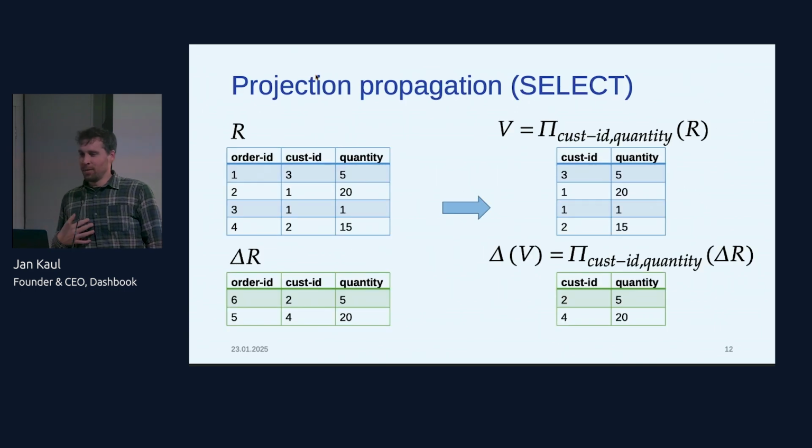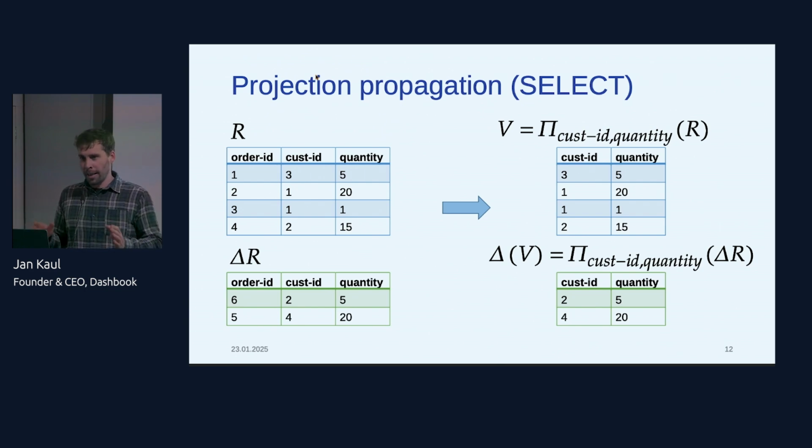If we think of a select clause in SQL, it's referred to as a projection, which just selects certain columns from an input. Here on the left side, we see the input R and the change to the input, delta R. On the top right, we see how this projection operator works on the original input.